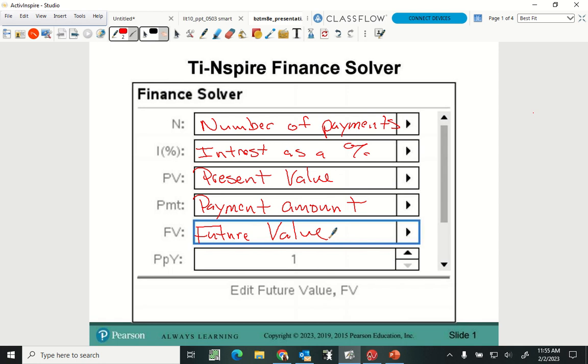You want the future value to be 0, because you're starting as negative and you're going to progress making payments, and eventually you want that to be 0. So if you borrow money, your future value is what? 0. Did you write that down? It's not the payment, it's just the future value, FV. Now, PPY, what do you think PPY is? Payments per year. Very good.